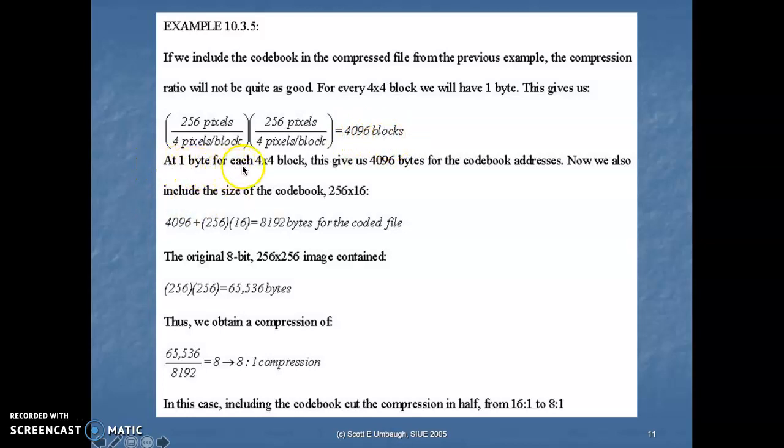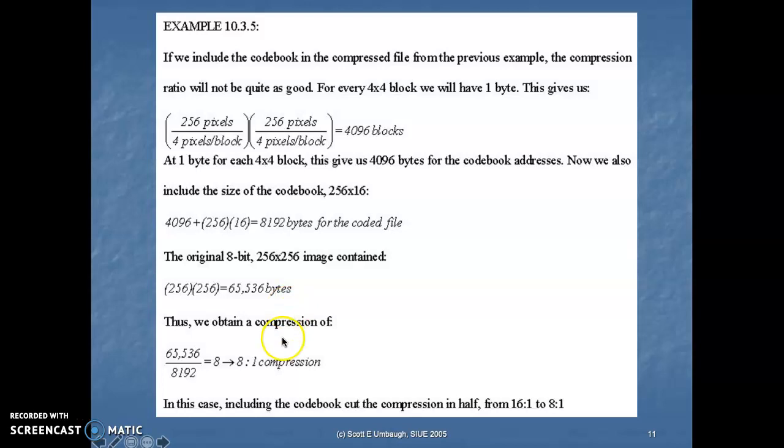At 1 byte for each 4 times 4 block, this gives 4,096 bytes for the codebook addresses. Now we also include the size of the codebook, which is 256 times 16. So this is the total. The original needs 65,000 bytes.